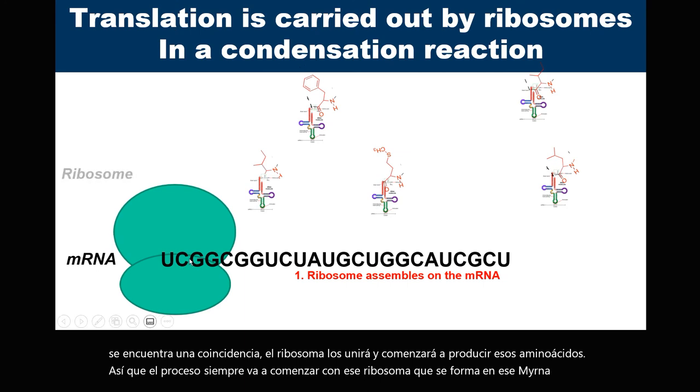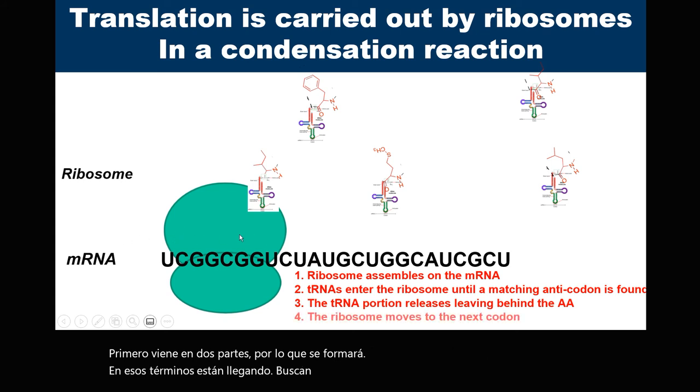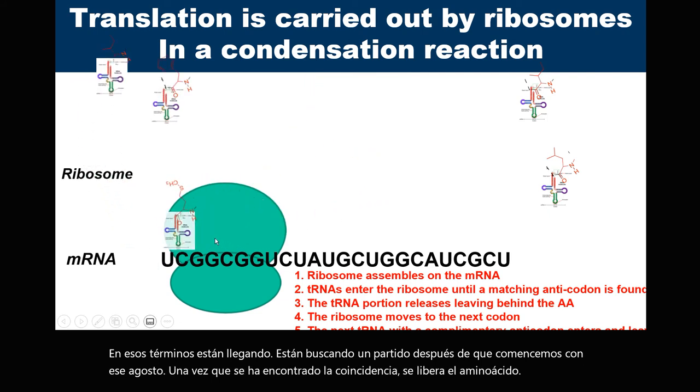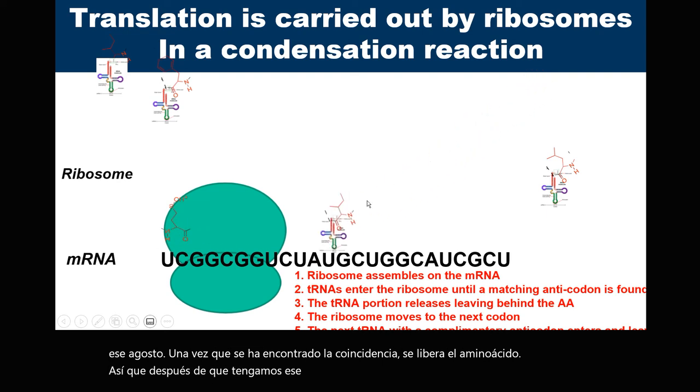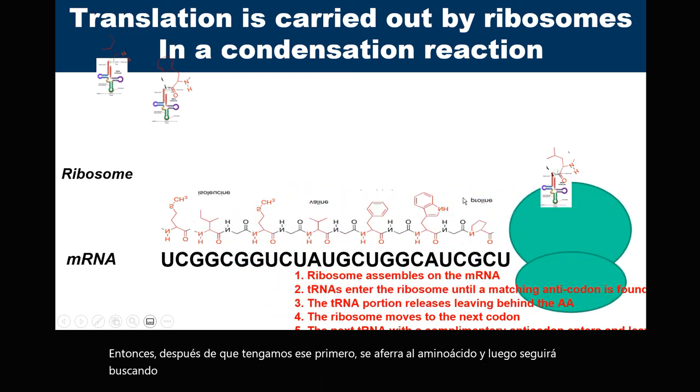So it'll form, and those tRNAs are coming in, they're looking for a match after we start with that AUG. Once the match is found, the amino acid is released. After we have that first one, it holds on to the amino acid, and then it will just keep looking for matches. And when a match is found, it will add it to that growing polypeptide chain.